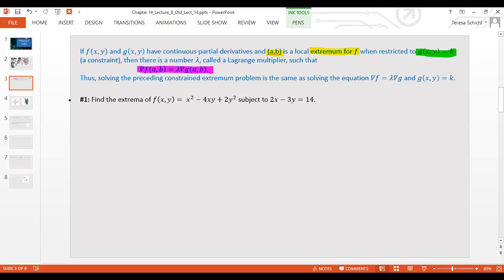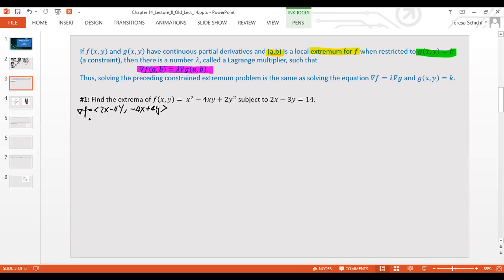Let's start here with the gradient vector, del f. It will be (2x minus 4y, negative 4x plus 4y).